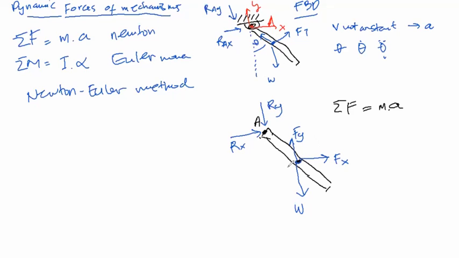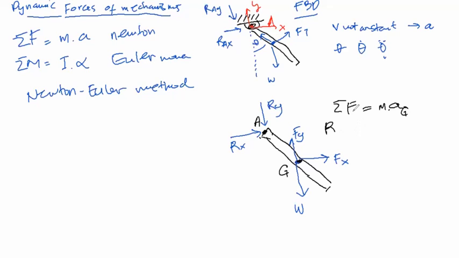Let's call this point G. So A is the acceleration at point G. And what is sigma F? Sigma F is all the external forces. So what are the external forces?